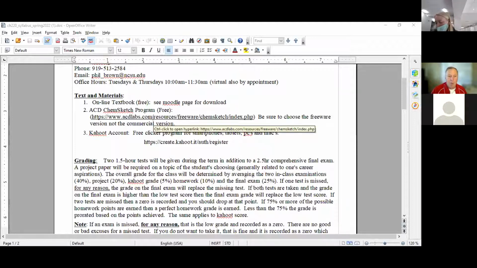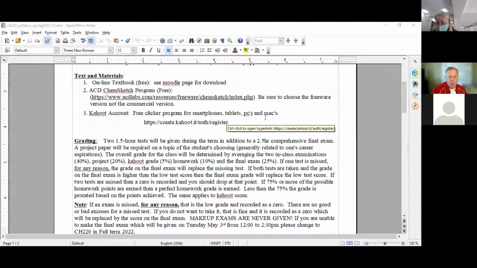The other thing you're going to need that program for is your project, because you will incorporate structures into your paper, and that's going to be very helpful for you to know. Now, during the lectures, I oftentimes ask questions.